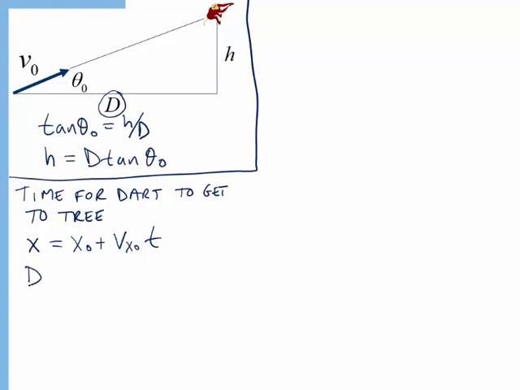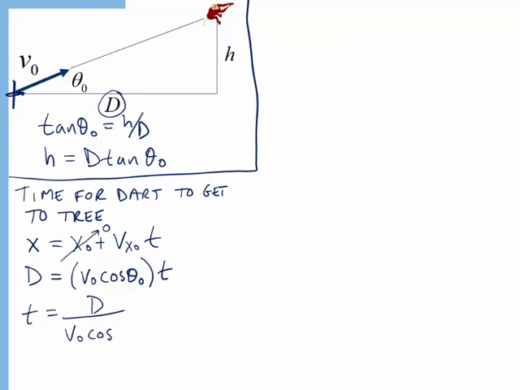So our final position is d. Notice our initial position for the dart is 0, because we'll put our origin here. And then we just get vx naught t. I'm going to write this as v naught cosine theta naught, as we've done many times, times t. So t is equal to d over v naught cosine theta naught. That's the amount of time it takes for the dart to get to the tree.